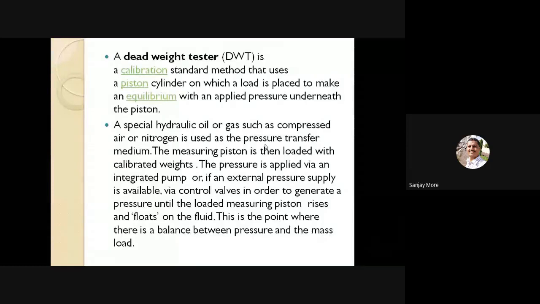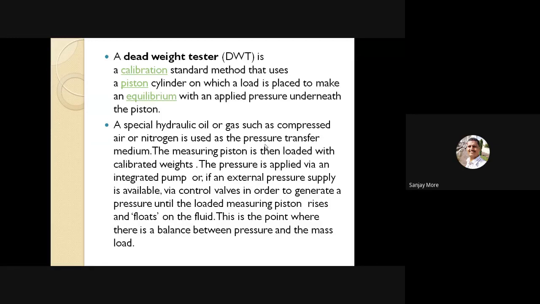The standard uses a piston cylinder load plus to make the equilibrium with the applied pressure under the piston. It means you have to apply load on this platform, and this applied load is compared to the calibrated pressure. A special hydraulic oil or gas such as compressed air or nitrogen is used as the pressure transfer medium. The measuring piston is then loaded with calibrated weights.